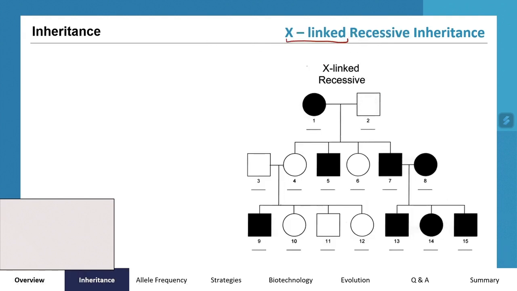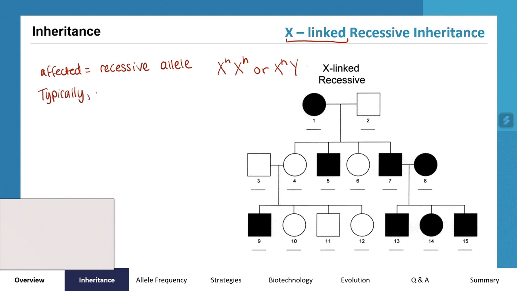X-linked inheritance can also be recessive, so that just means that the affected condition is the recessive allele. Any mother with X little h, X little h, so homozygous for the recessive allele, or X little h, Y, a male with a copy of the recessive allele, will be affected. Typically, for X-linked recessive inheritance, males will have the disease more often than females.